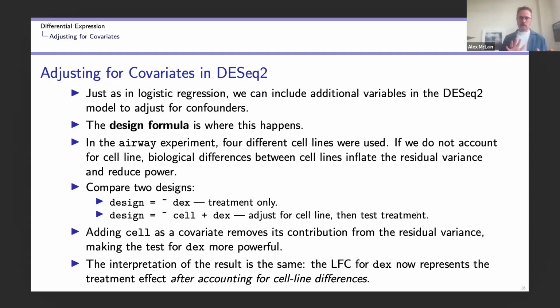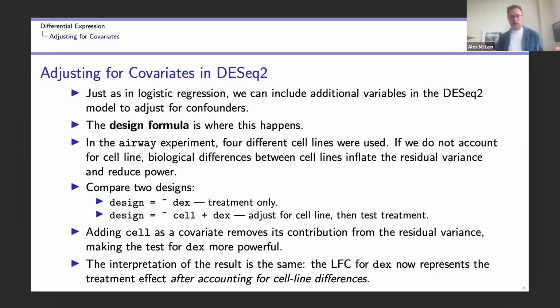So first, let's do some cell line adjustment, and then let's do a test of treatment. The p-values we're going to get back are still going to be testing for differences in treatments, but we're going to have this cell adjustment done and could make our results more powerful.